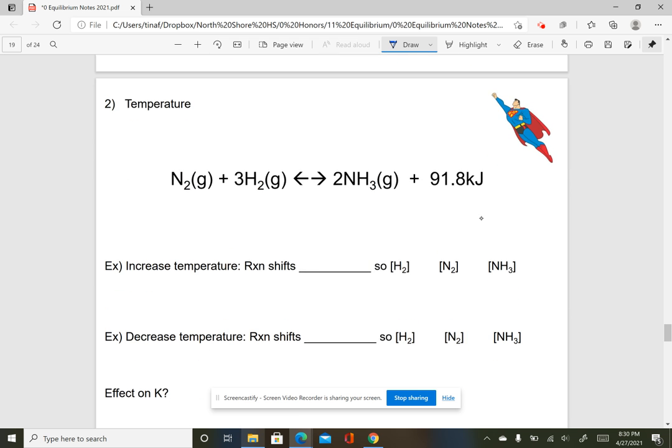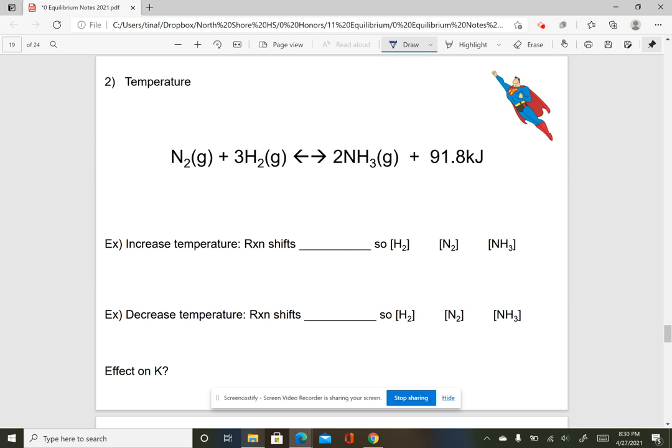Temperature is another thing we can do to stress out a reaction. So conceptually, to talk about this specific reaction, I see that energy is written over here on the right side, meaning my forward reaction is exothermic, energy is being released, and my reverse reaction is endothermic. I'm absorbing energy to go back in the other direction. Okay. Now I want you guys to think about if we were doing this chemical reaction in real life.